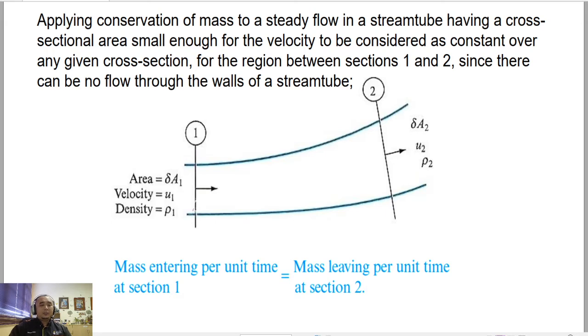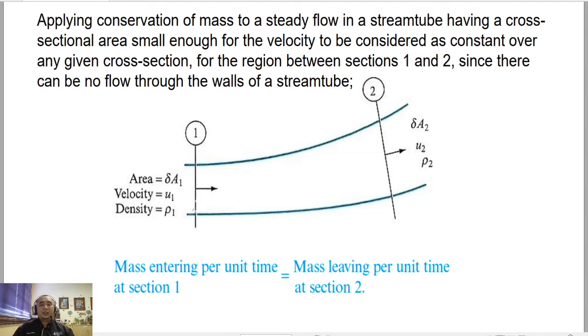Applying conservation of mass to a steady flow in a stream tube having a cross-section area small enough for the velocity to be considered as a constant over any given cross-section. For the region between section 1 and 2, since there can be no flow through the wall of a stream tube.